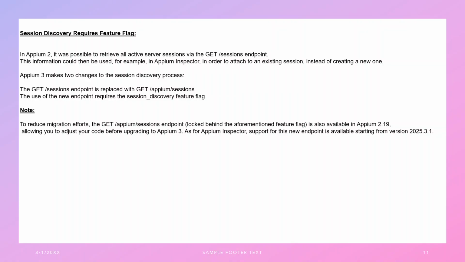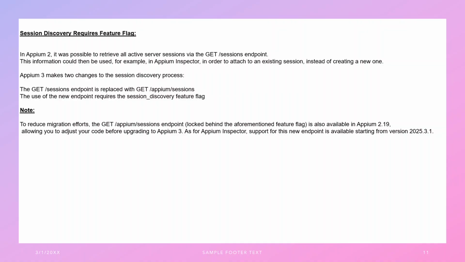We need to note here that, to reduce the migration effort, the /appium/sessions endpoint locked behind the aforementioned feature flag is also available in Appium 2.19, which is the current version of Appium.